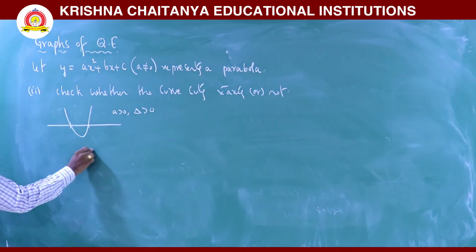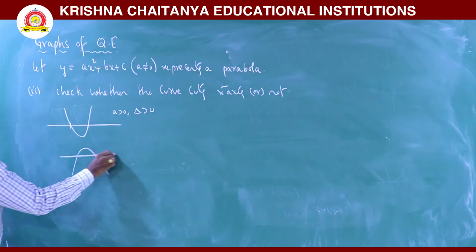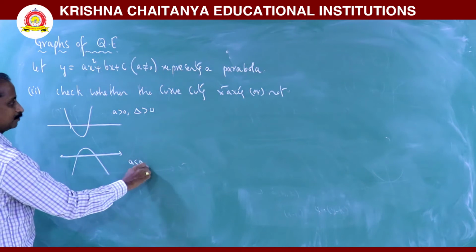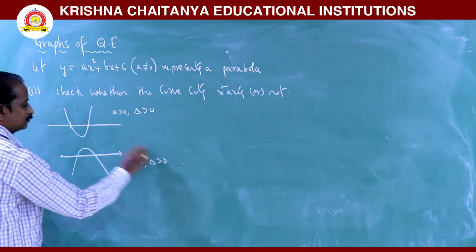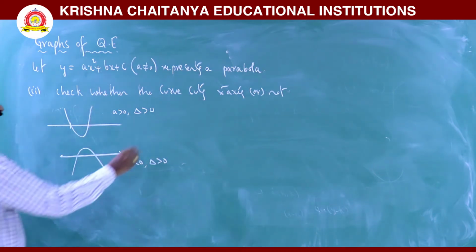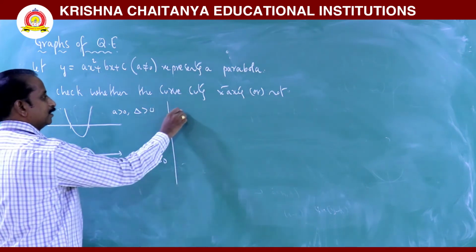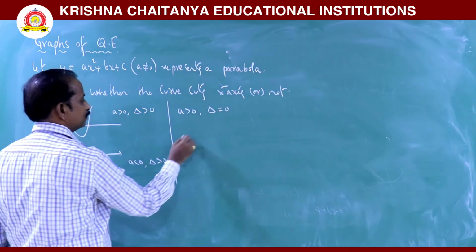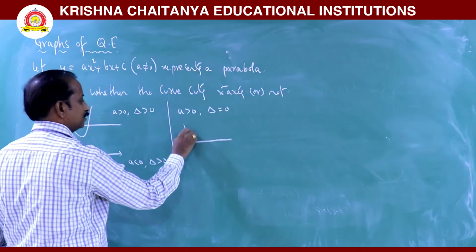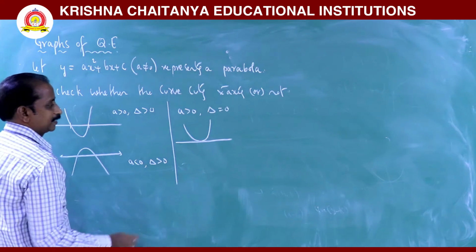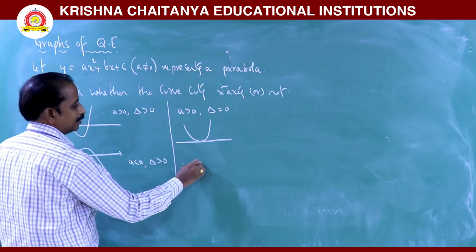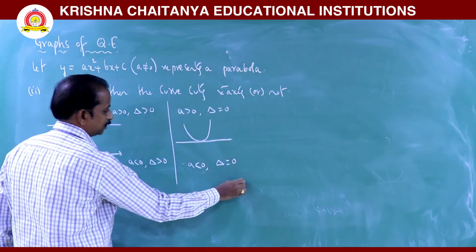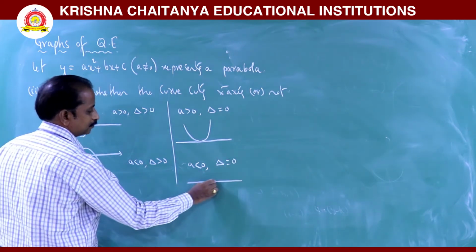Next, A less than 0 and delta greater than 0, these are the shapes. Next, come to another one. A greater than 0 and delta is equal to 0, the shape is like this. Next, if A less than 0 and delta is equal to 0, the shape is like this.